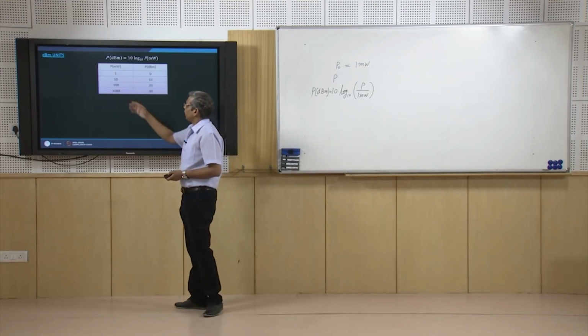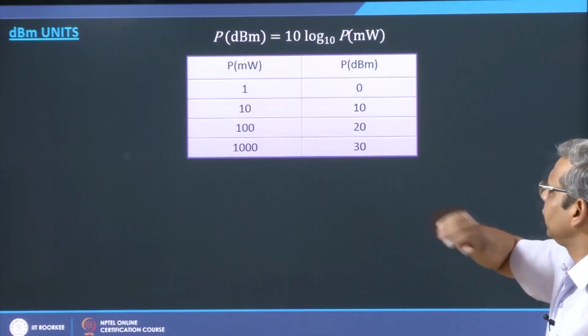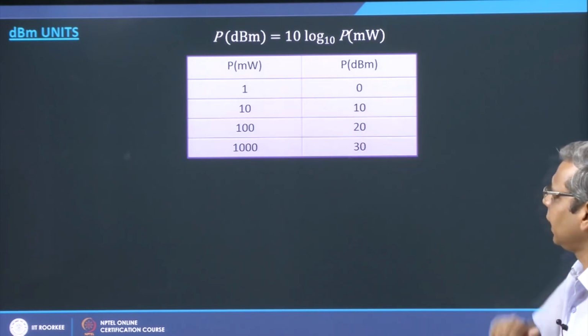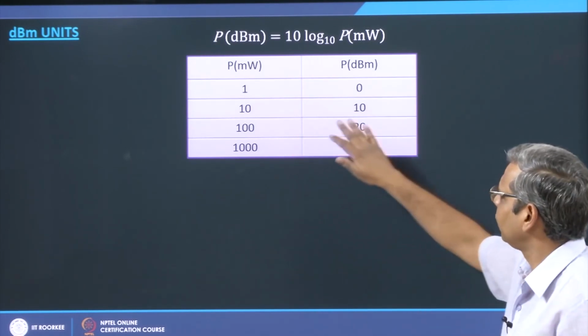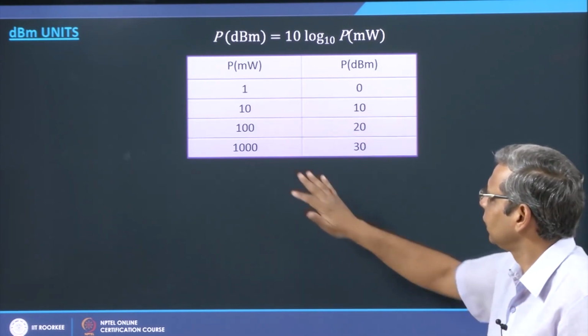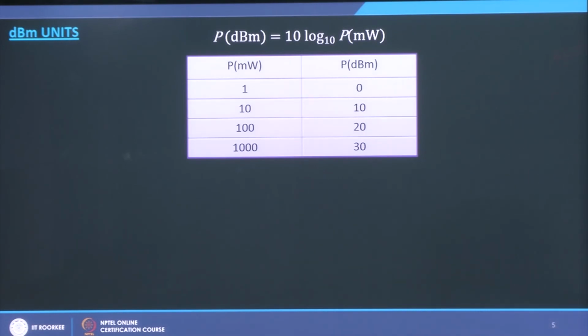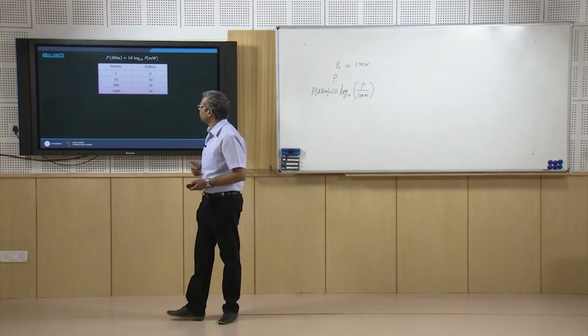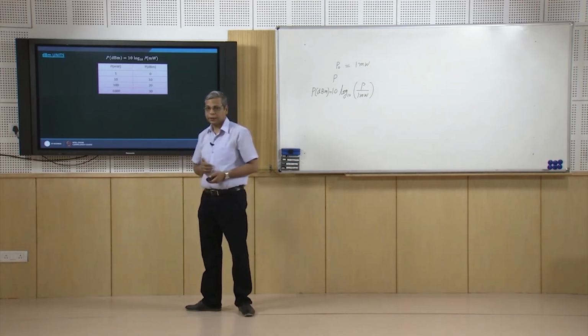If the power is 1 milliwatt, then it is basically 0 dBm, 10 milliwatt of power is 10 dBm, 100 milliwatt power is 20 dBm, and 1000 is 30 dBm, and so on. Similarly, if I go below 1 milliwatt, let us say I have 0.1 milliwatt power, then it is minus 10 dBm.